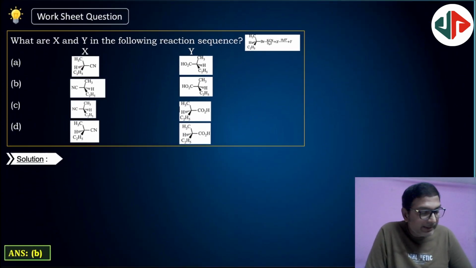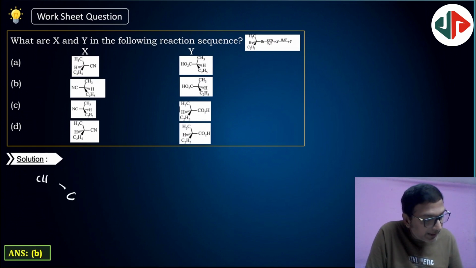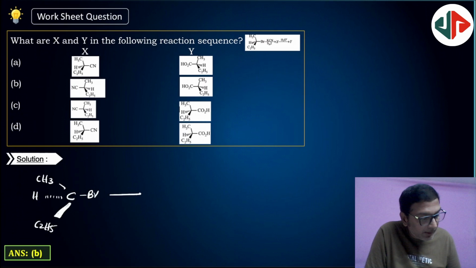So what are X and Y in the following sequence? So here first it is given CH3 and below the plane hydrogen, above the plane ethyl group, C2H5 ethyl group, here Br. Next KCN.